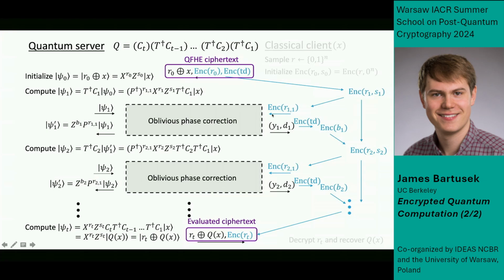I don't see why you need new keys. Sorry, maybe could you repeat the question? Yeah, so the problem here is that this trapdoor is a trapdoor corresponding to the public parameters of this encryption scheme, that A matrix, right?